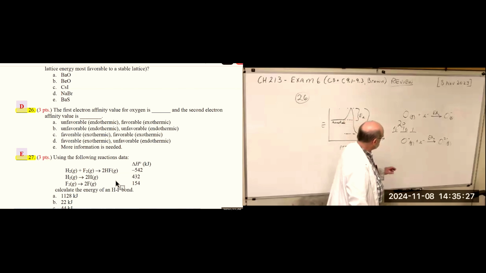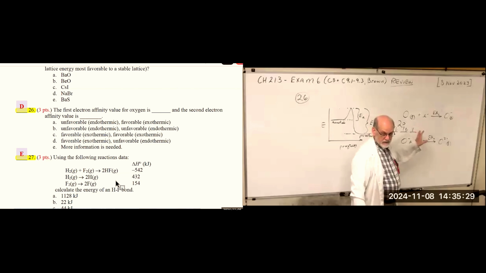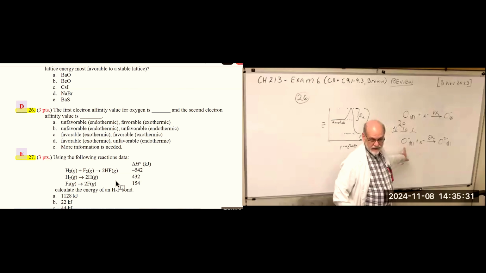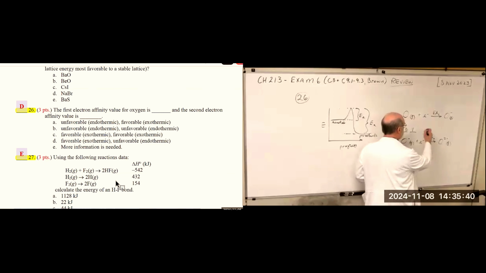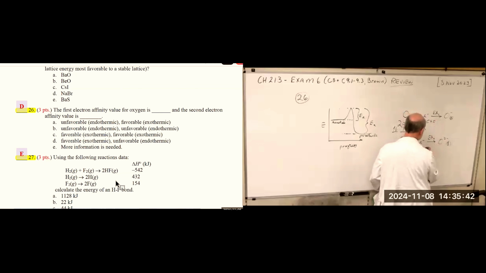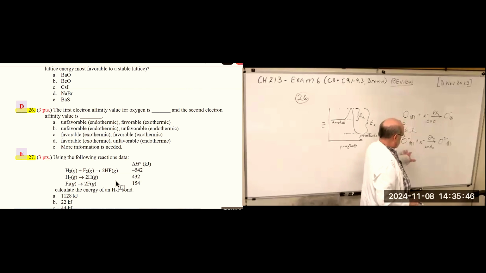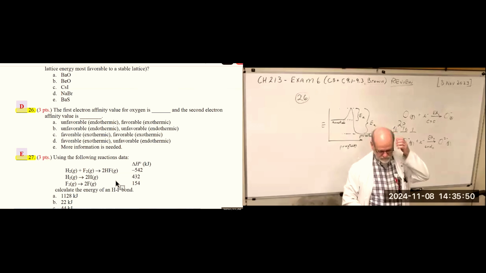The problem here, even though we've got a place for it, is that this thing is already negatively charged and it repels that electron. This is unfavorable. The first is exothermic, this one is endothermic. So that makes this one favorable, that one unfavorable, which would be D.